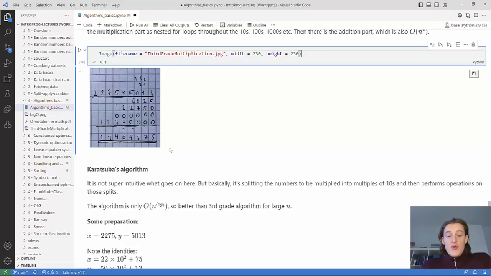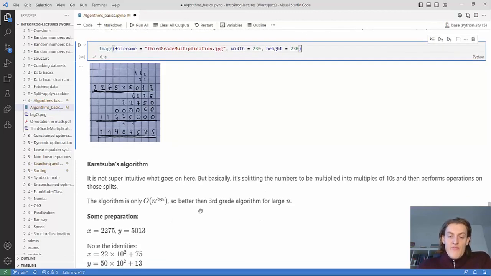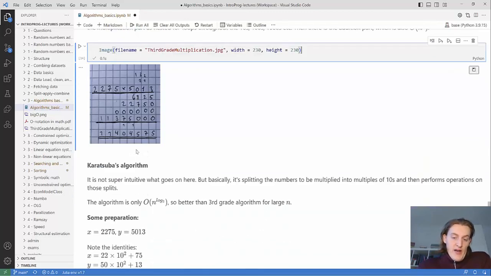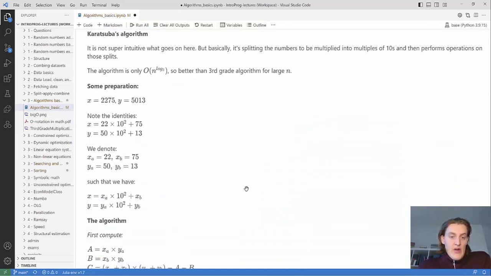It's not super intuitive, but with a bit of math, it works. And for large n, it's better. So the algorithm is n to the power of log 3, and that's better than the other algorithm for large n.